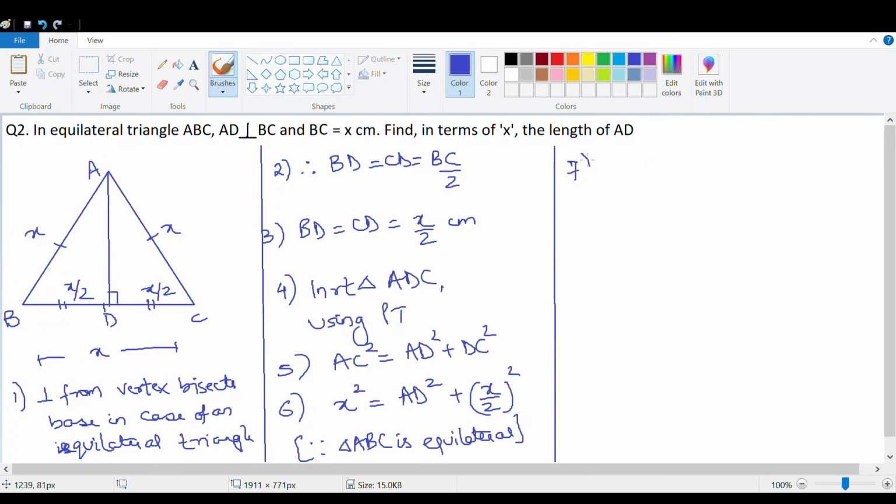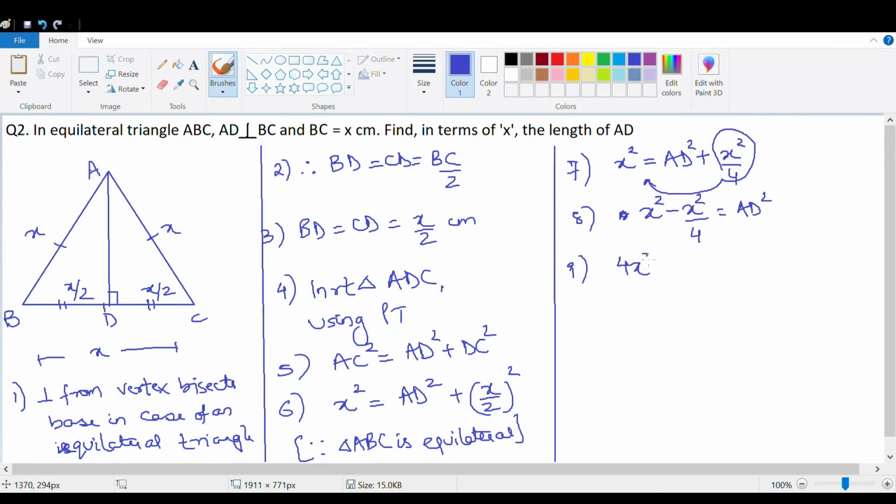Next, let's open this bracket and see what we get. So we get X square is equal to AD square plus X square upon 4, which means X square minus X square upon 4 is equal to AD square. I took X square upon 4 on this side, so taking the LCM, 4x square minus x square upon 4 is equal to AD square, which means 3x square upon 4 is equal to AD square.